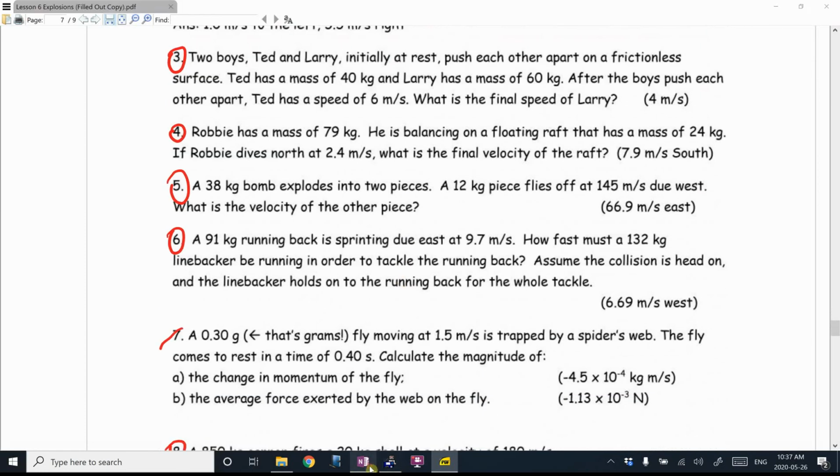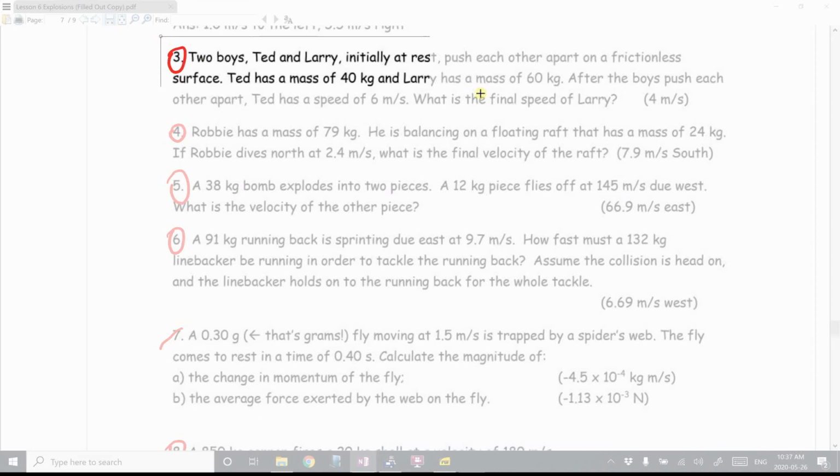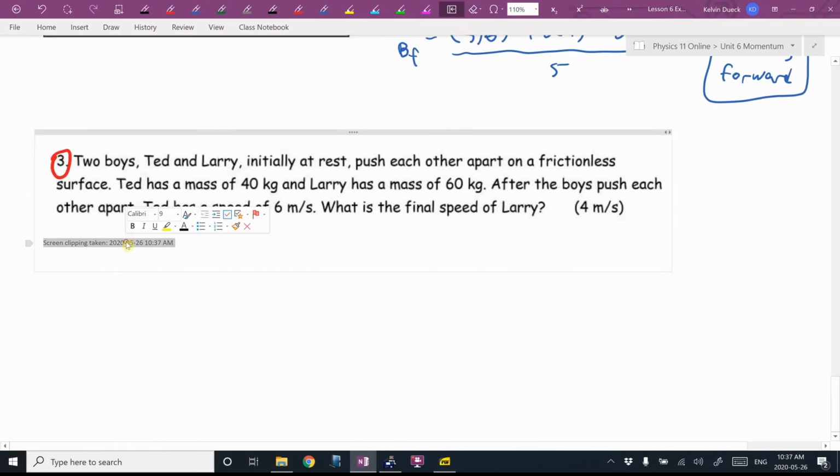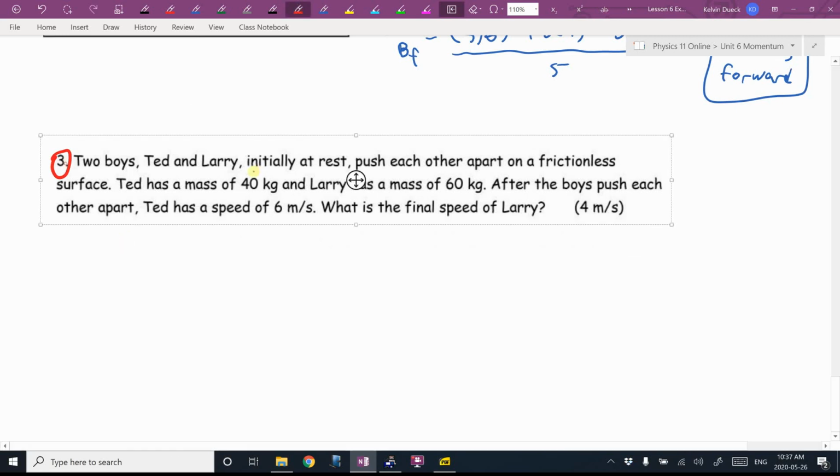Number 3. So the key here is to realize initially at rest, what that means is the initial momentum is 0. This is going to be a conservation of momentum question.